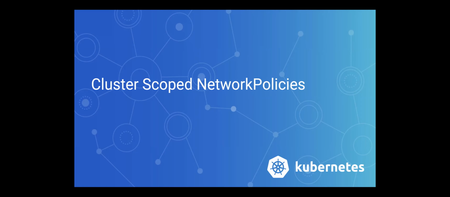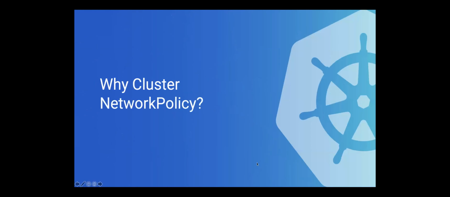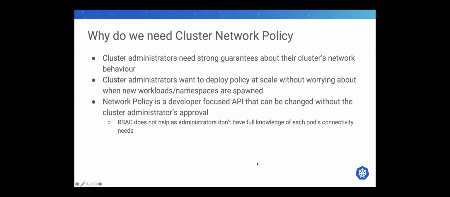All right. So let's first take a look at the reason why we need cluster scope network policy. Essentially, we have multiple personas today in a Kubernetes environment. The developers are responsible for defining services and their workloads, and are namespace scoped, perhaps sometimes with overlapping namespaces as well.